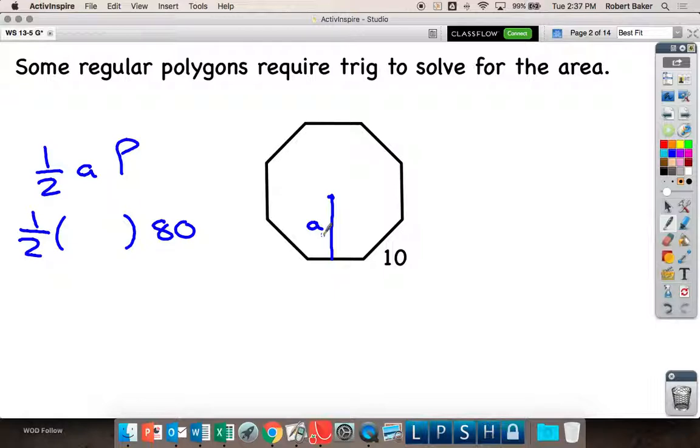Now, we went through a process, and you were supposed to do this on your quiz. Most of you were successful. If we have an 8-sided figure, that means there are 8 congruent central angles in that figure. So if I take 360 degrees and I divide it by 8, how big is each central angle? 45 degrees.